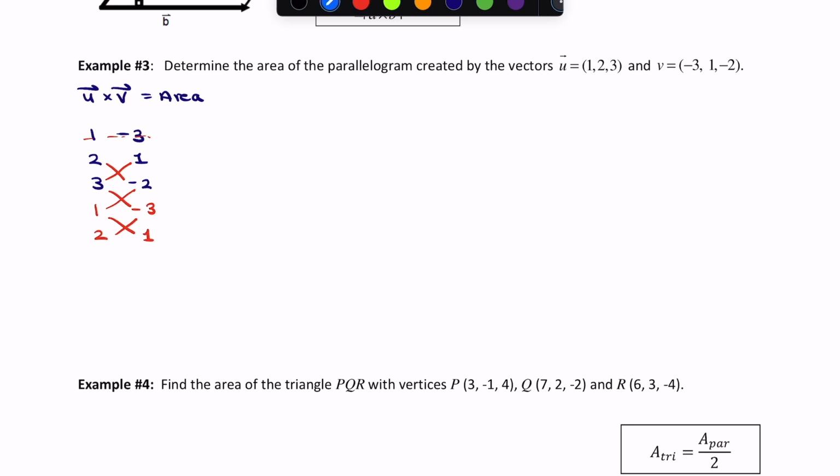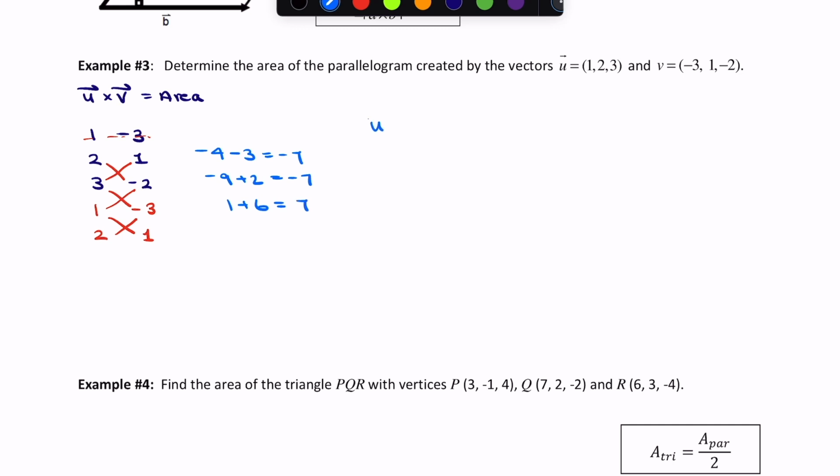Here we'll have -4 minus 3, which is equal to -7. We'll have -9 plus 2, which is equal to -7, and 1 plus 6, which is equal to 7.